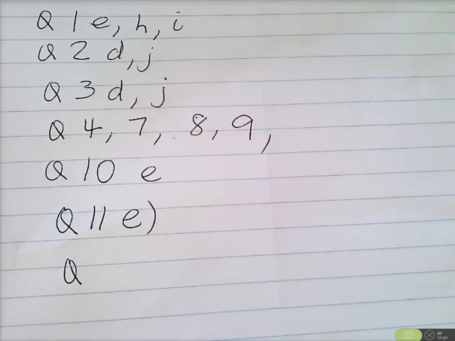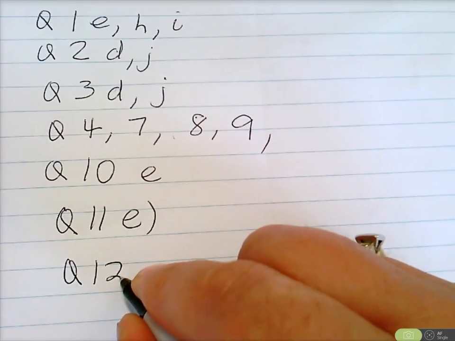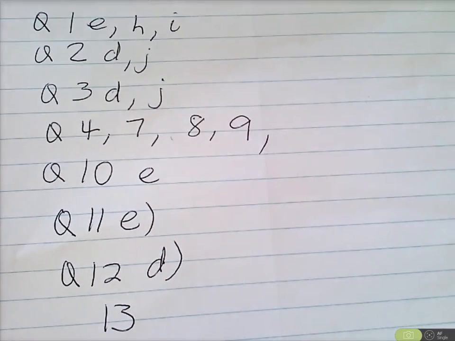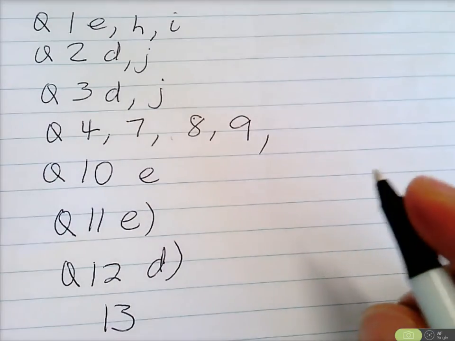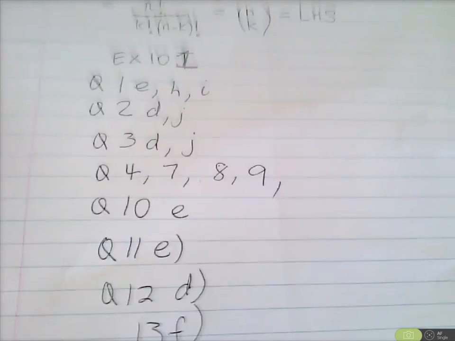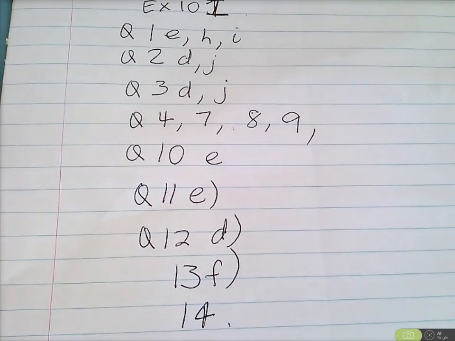Question 12, we did E, so why don't you just do 12D. 13, we did G, you can do F. And do 14. There. I'm just getting you to practice one more from each. All right? Got it?